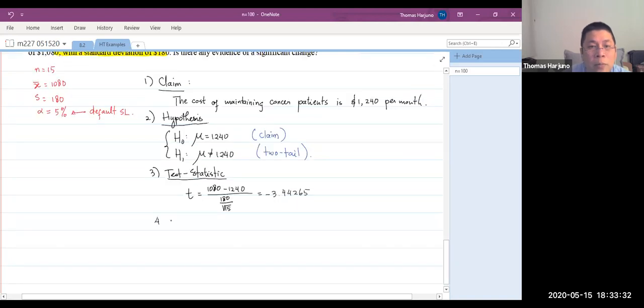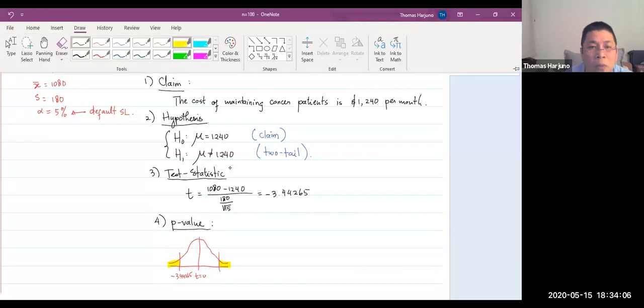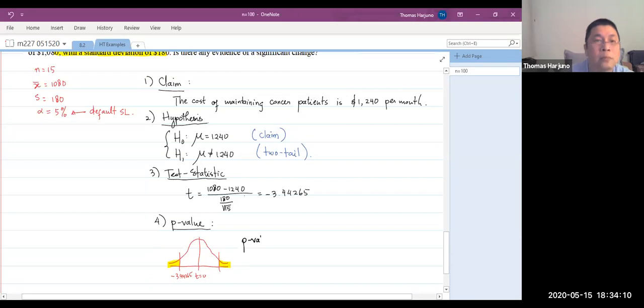Step 4, the p-value. This is my t equals 0, this is negative 3.4465, but it's two-tailed. So I need to find the area here and the area here together. So the p-value will be 2 times tcdf from negative infinity to negative 3.44265, degrees of freedom 14.